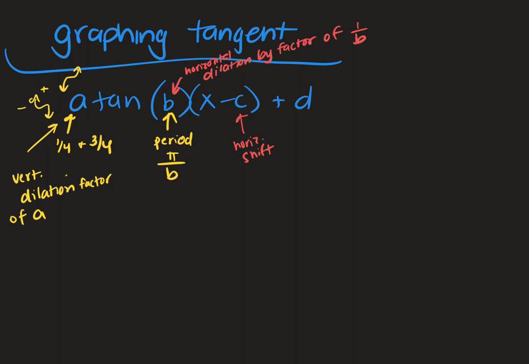So if it says x minus something, then we go to the right. If it's x plus something, then we go to the left. And then D is your vertical shift.